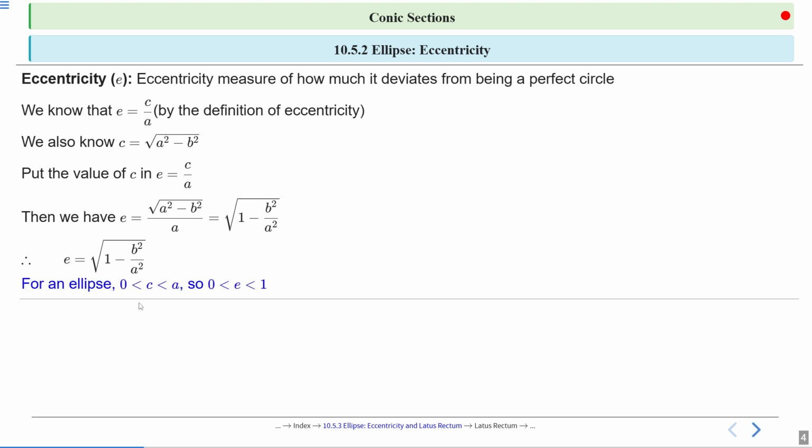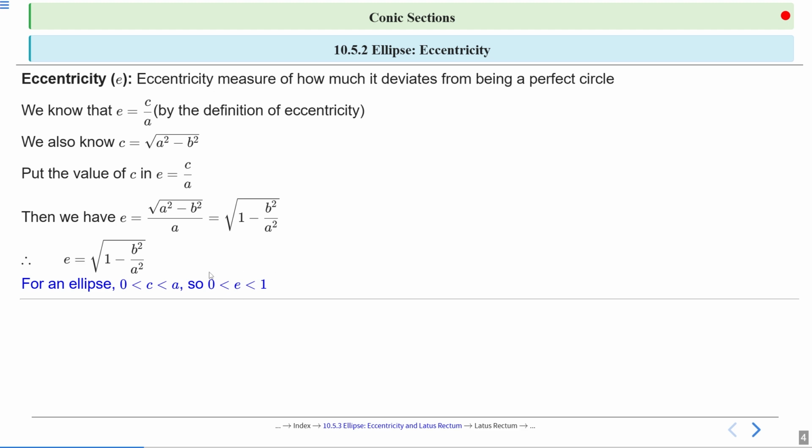For an ellipse, the value of c, the distance between the center and the focus, is greater than 0 and less than a. That means c always lies between 0 and a, so eccentricity must lie between 0 and 1. For an ellipse, eccentricity is greater than 0 and less than 1. You should remember this condition.